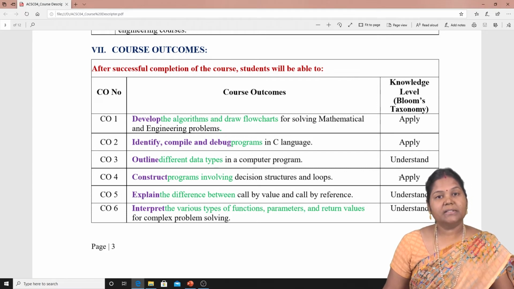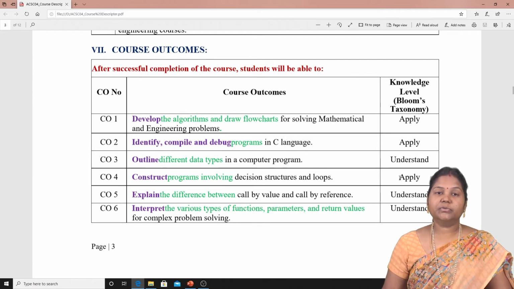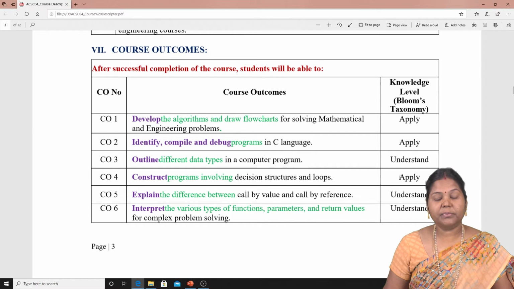The next outcome is that they should construct different programs involving decision making statements and control structures or loops. Next, students should explain the difference between the call by value and call by reference mechanisms in functions and how to do parameter passing also.